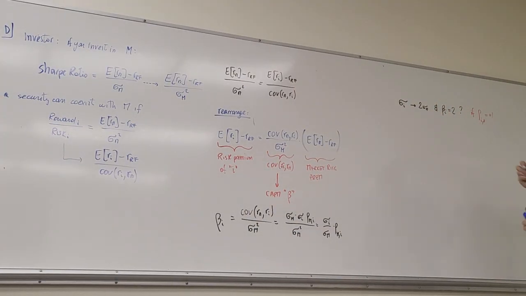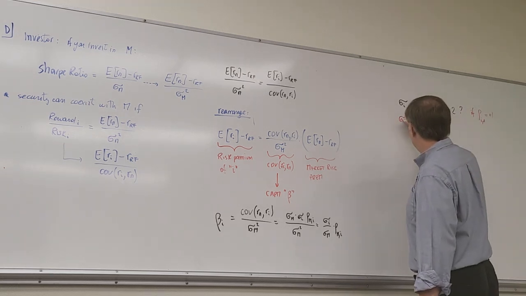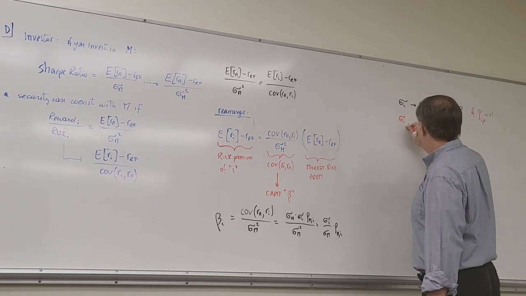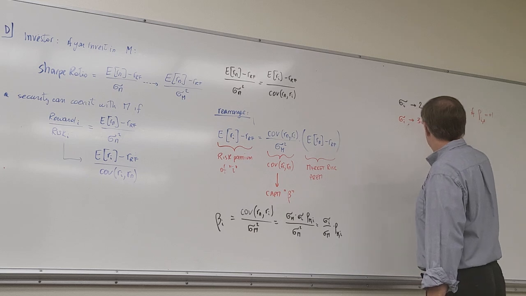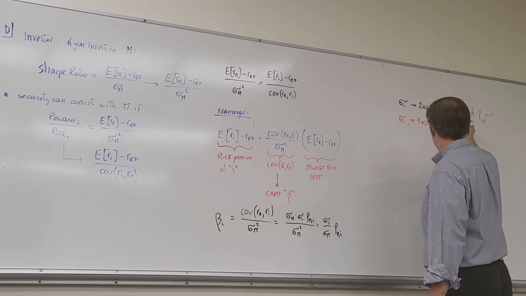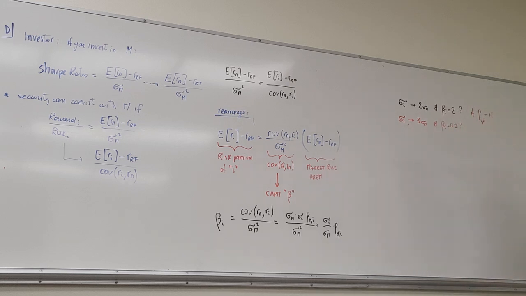Would it be possible for a stock with total risk that is 3 times the risk of the market to have a beta of 0.2? So can you have a stock whose returns are very volatile, yet its beta is low? Well, let's see.